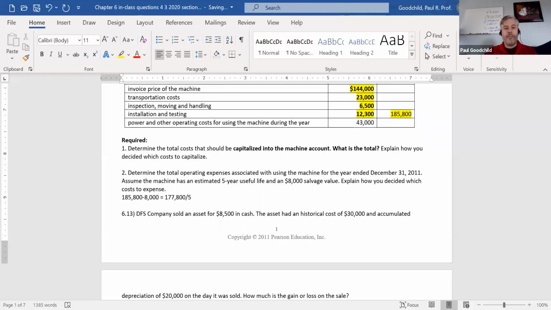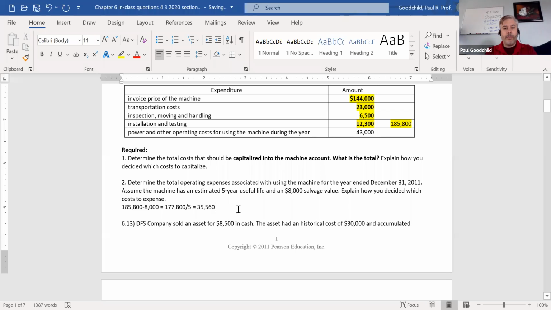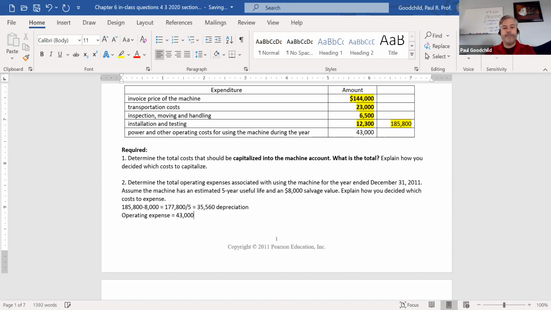Then we divide that by 5 years, and we end up with 35,560 per year for depreciation. And then the operating expense is equal to 43,000.